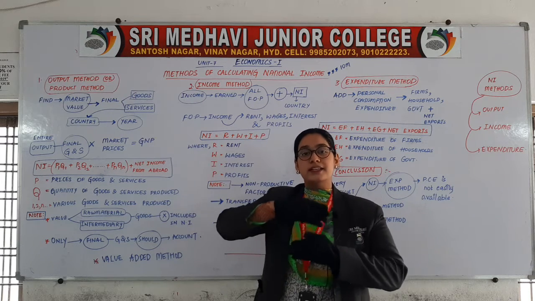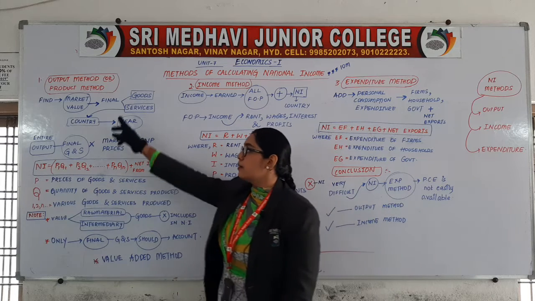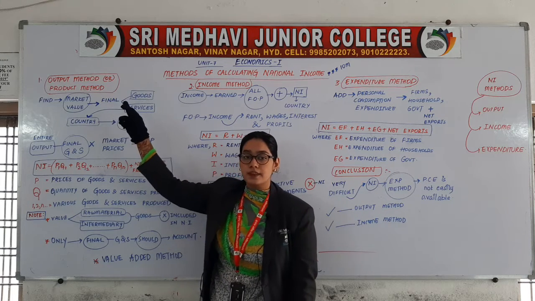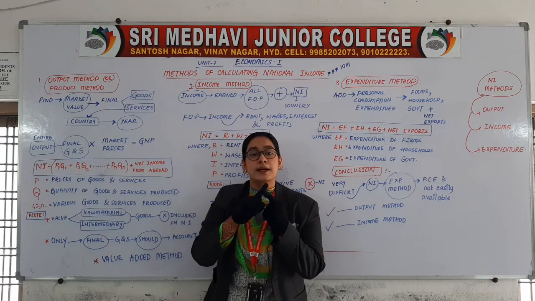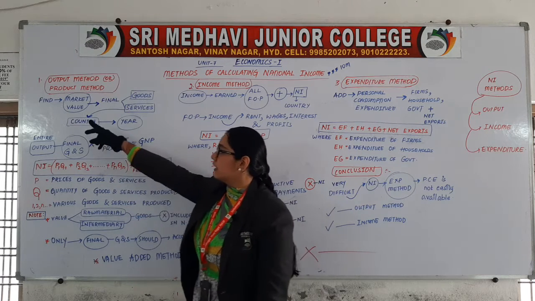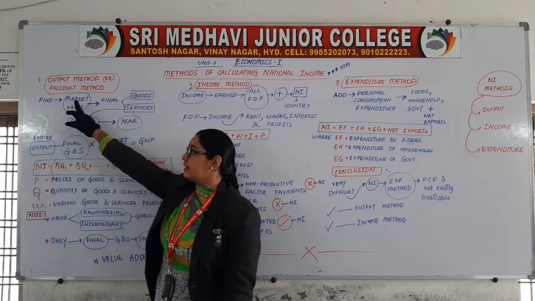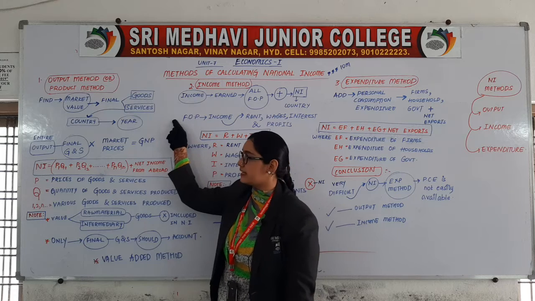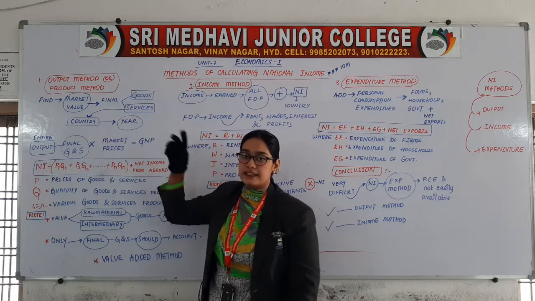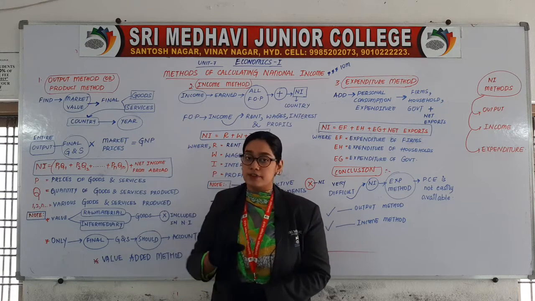So output method is also called as product method. Product means multiplying. So in order to find the market value of all final goods and services of a country in a year, this is the definition of national income which I said.